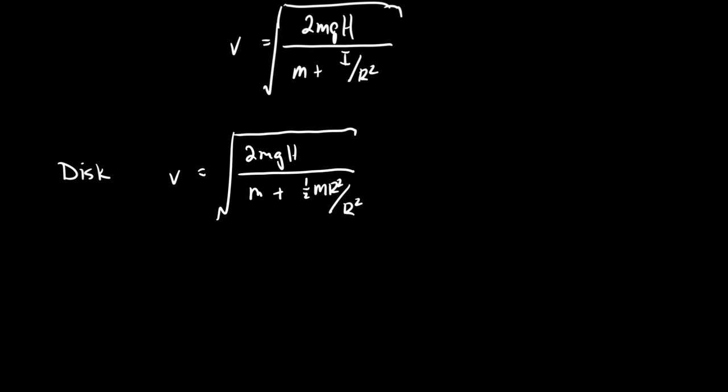All right, we put in a disk. I'm noticing right away I can cancel the r squareds. Are you noticing that? So cancel the r squareds and I just get 1/2 m. I'm noticing in the denominator, I have 1m plus 1/2 m. That's 3/2 m.